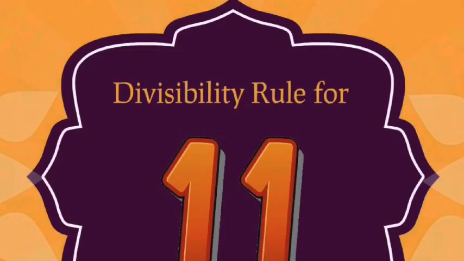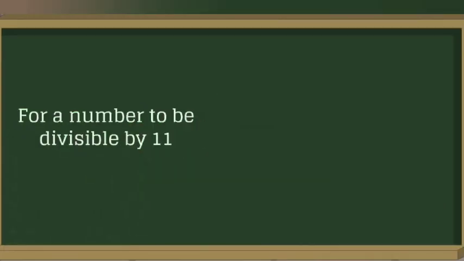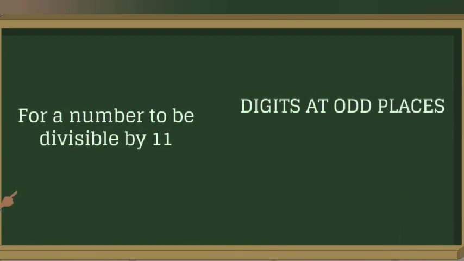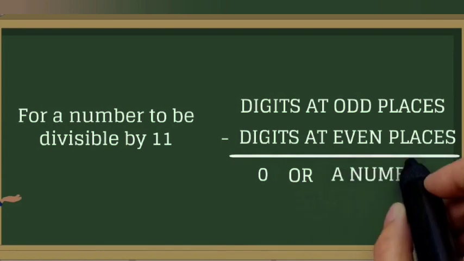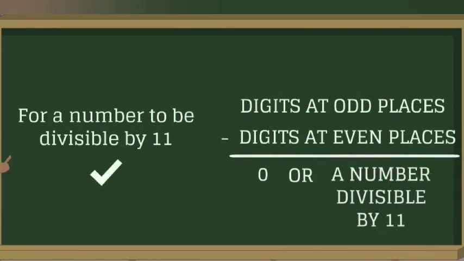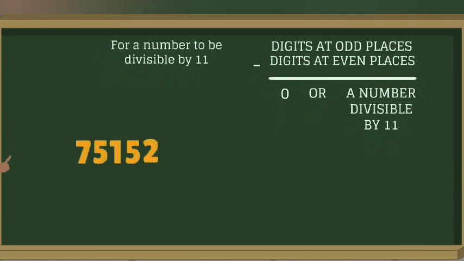Divisibility rule for 11. The rule for 11 is remarkable. Add all the digits at odd number places and then add all the digits at even places. Subtract the results. If the result is 0 or a number divisible by 11, then the entire number is divisible by 11. Example, 75,152.